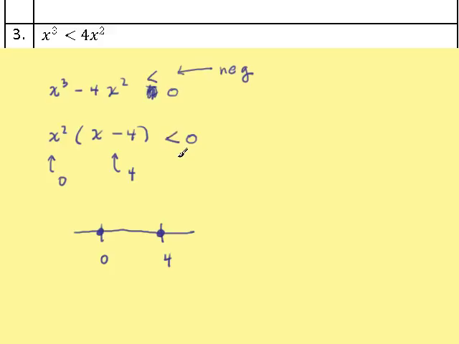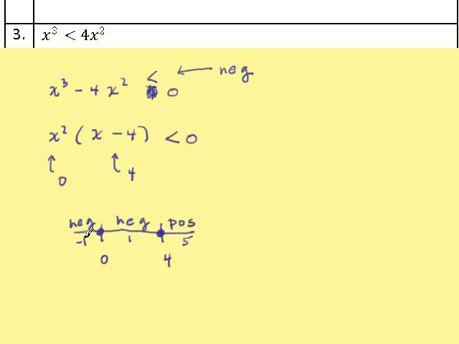All right, where is this less than 0? Well, if we substitute in 5, we have positive, positive. If we substitute in a 1, we have positive, negative. And if we substitute in negative 1, we have, again, positive, negative. So again, negative.